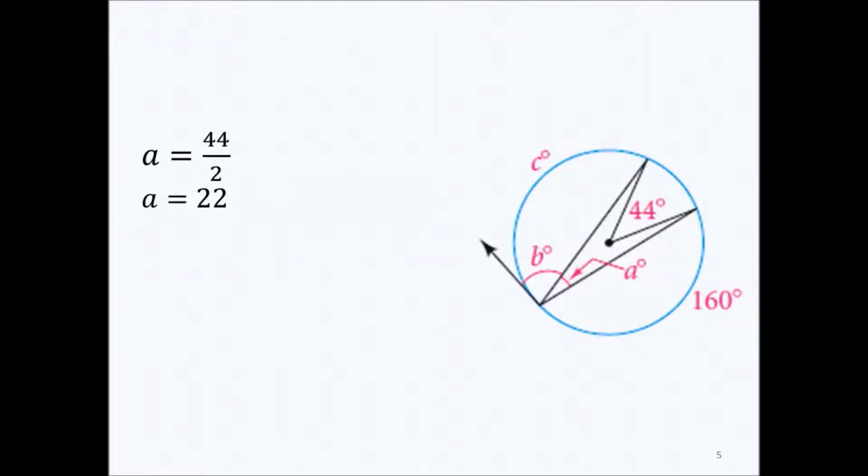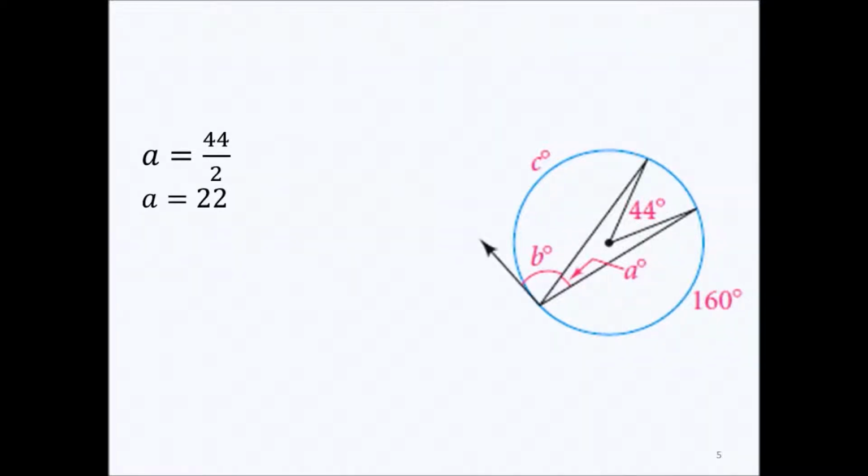Next, we're going to find the value of arc C. There are 360 degrees in a circle, and we notice that there are 3 arcs within the circle. One of the arcs measures 160 degrees, another arc measures 44 degrees, and then the third measurement is unknown.